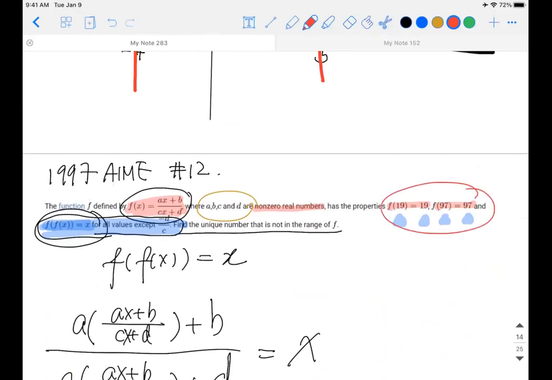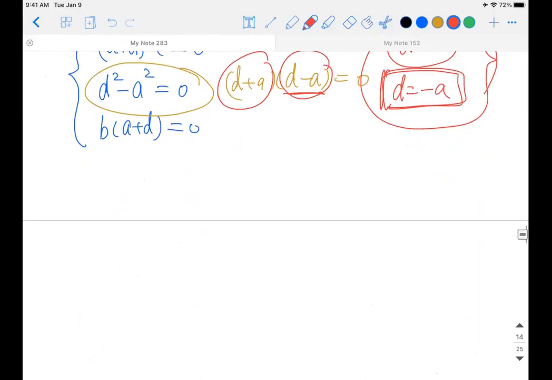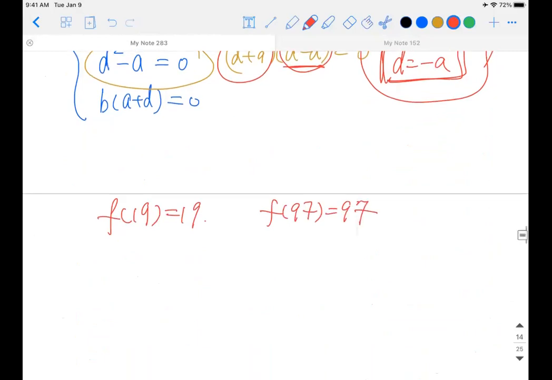f(19) equals 19. f(97) equals 97. Let's check it out. So that one means what? You have (ax plus b) over (cx plus d).